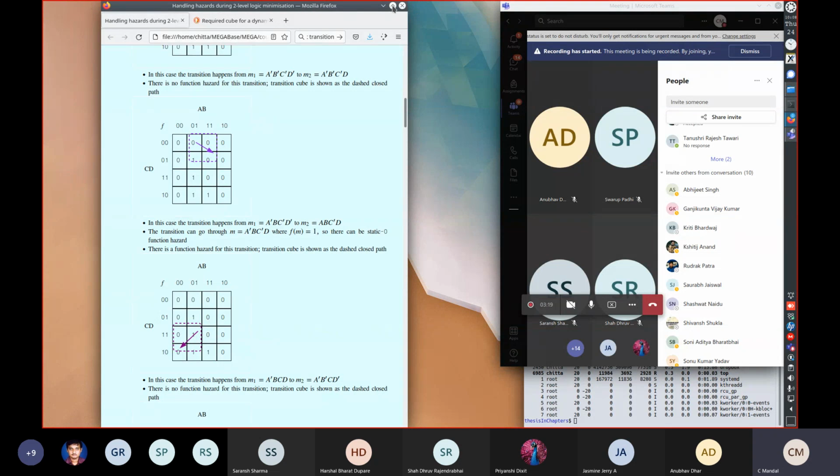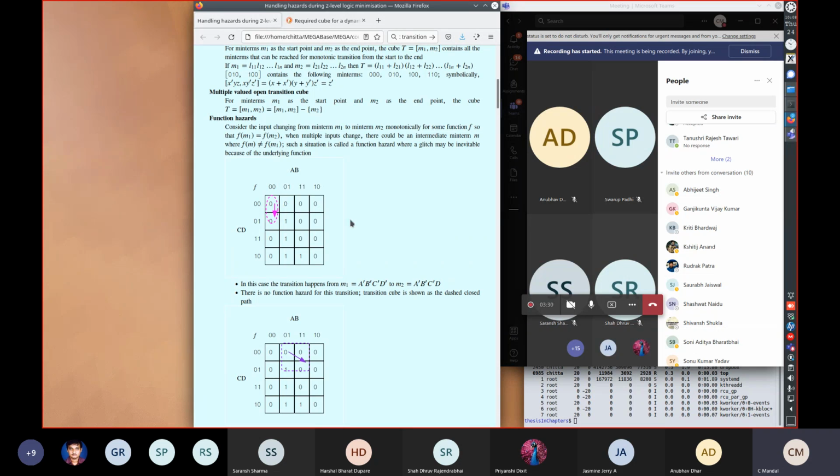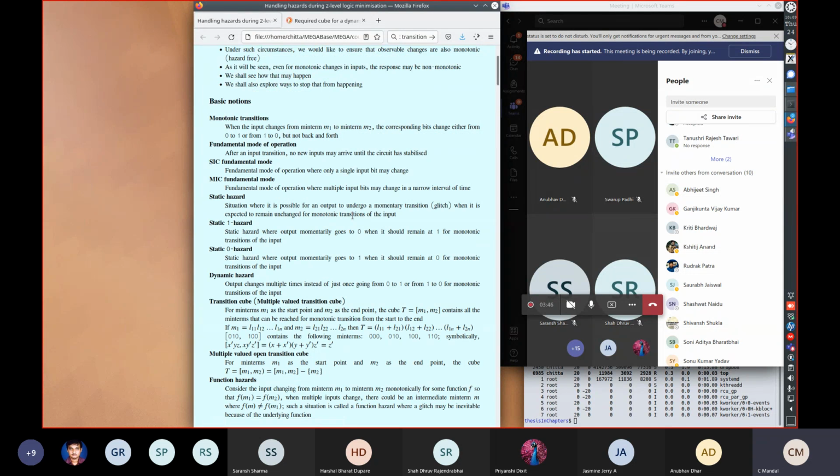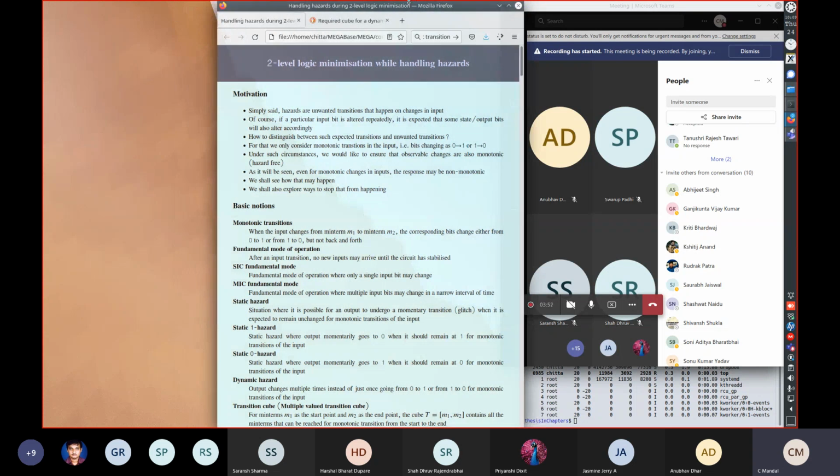The aim is, you have studied Quine-McCluskey's technique for logic minimization. The aim will be to understand how we can perform logic minimization in the presence of hazards, or you can say, to avoid hazards.